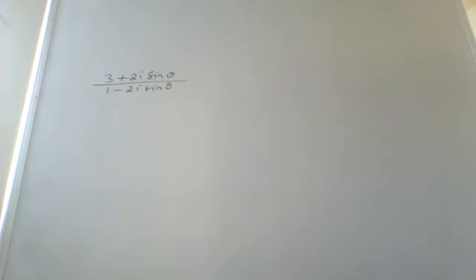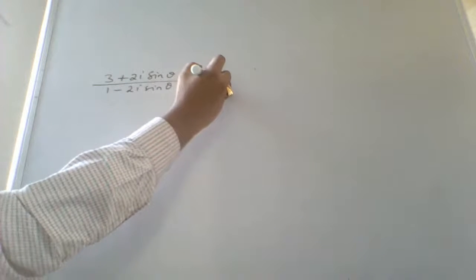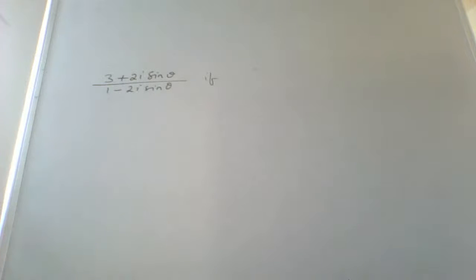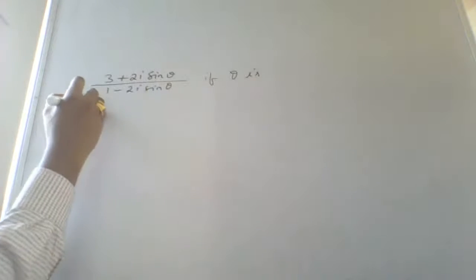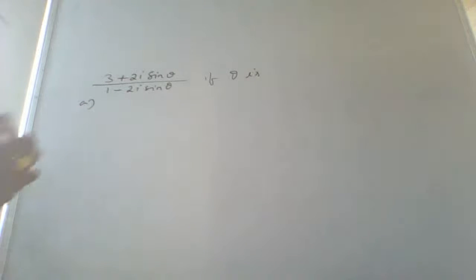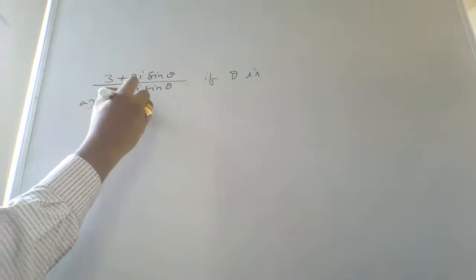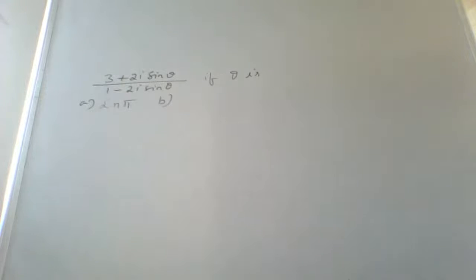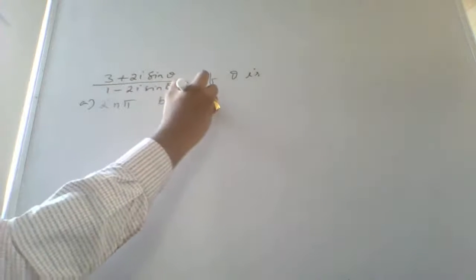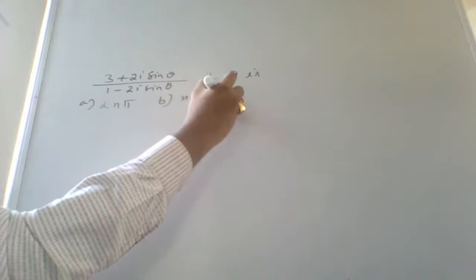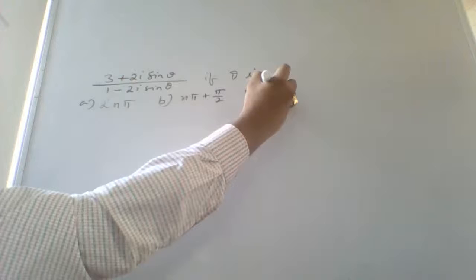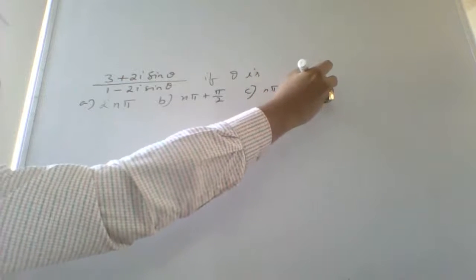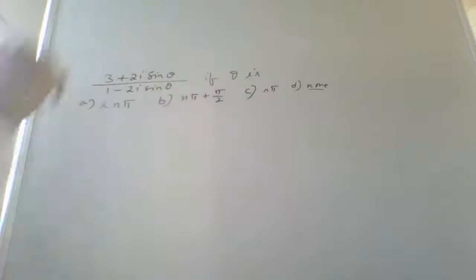This will be real if theta is... the choices are: a, 2n pi; b, n pi plus pi by 2; c, n pi; and d, none of these.